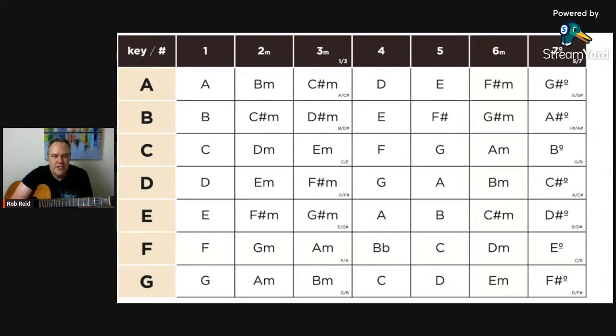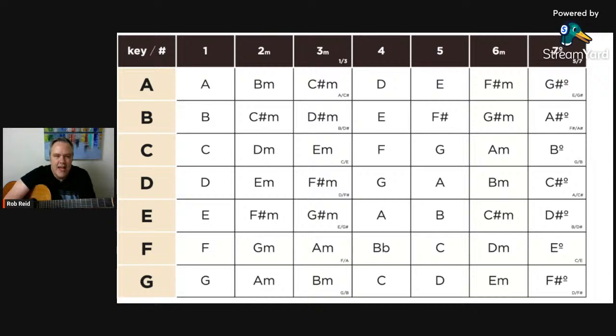All right, I put together a big chart here for you. So you can have all of the keys written down on the left, and then the chord degree number on the top, and then I got the chords written in. So you can use this as a quick reference guide to know what chord is which number for the Nashville number system.